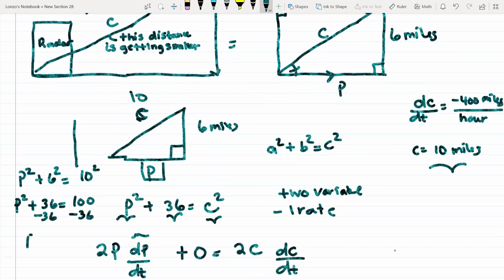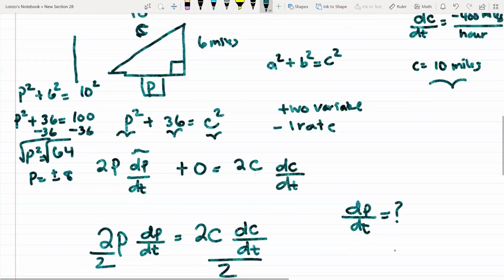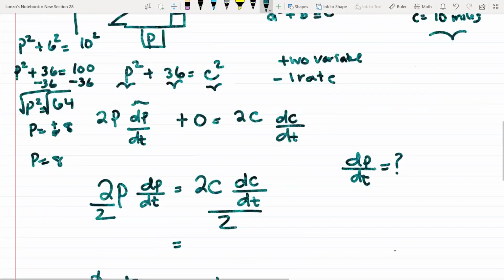So p squared equals 100 minus 36, which is 64. Then take the square root of both sides. p is plus or minus 8. It's wise not to use a negative length as our p, so I think we'll just use positive 8.